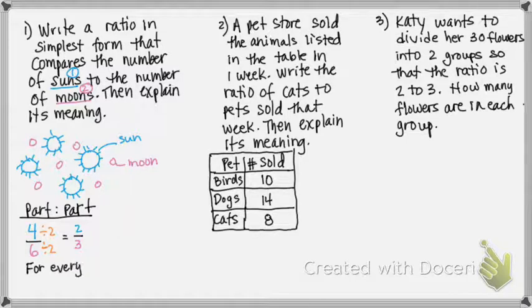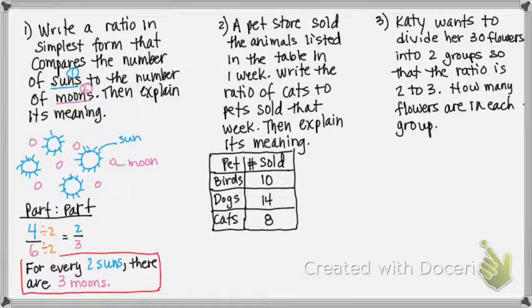For every, and then we go with the top number, and it's labeled 2 suns, there are 3 moons. So that's how we would interpret or explain the meaning of the ratio.